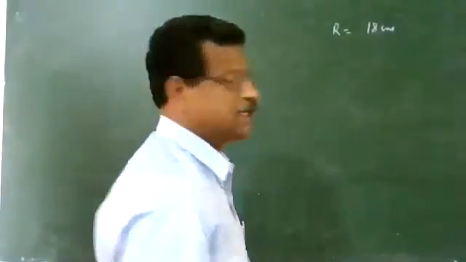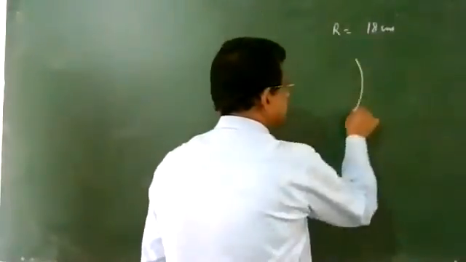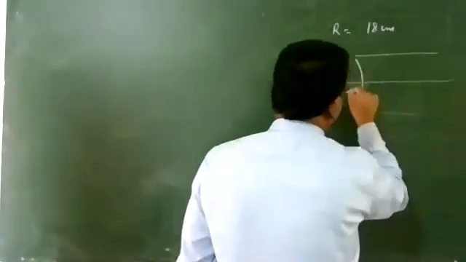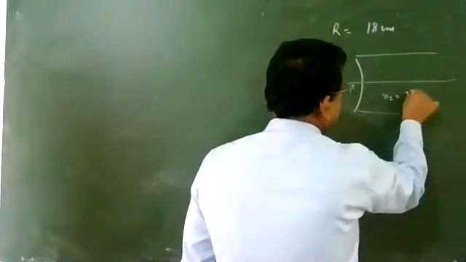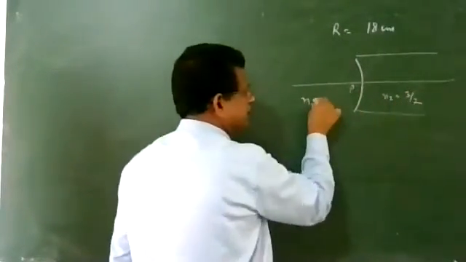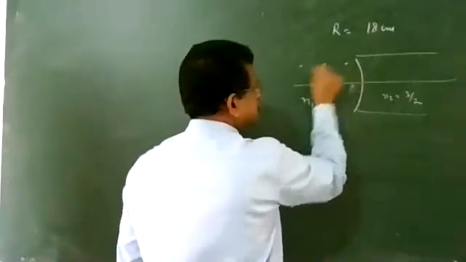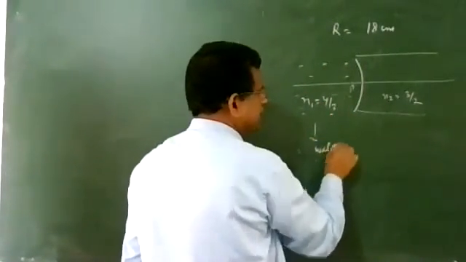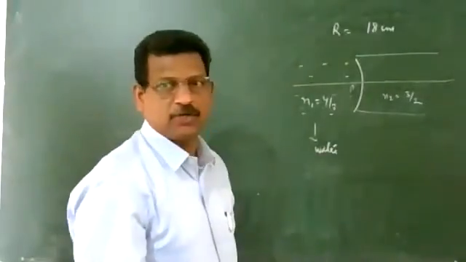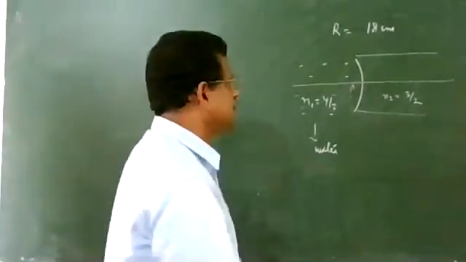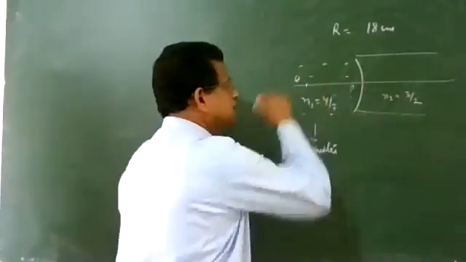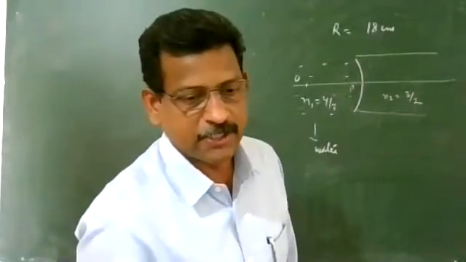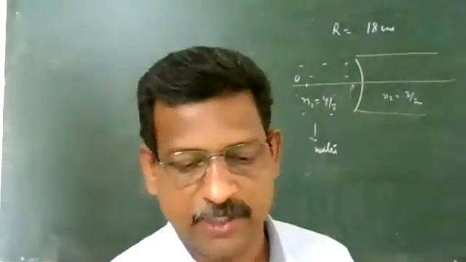It's a concave SRS. N2 is given as 3 by 2. N1 is 4 by 3. Radius of curvature is given as 18 centimeter and the point object is at 10 centimeter from the pole.